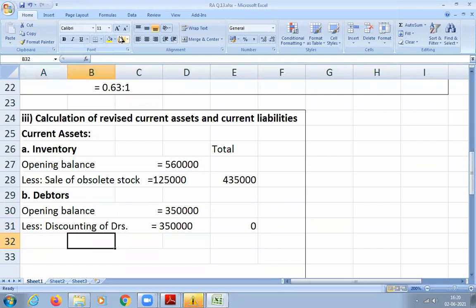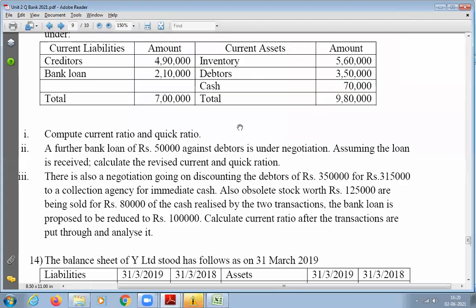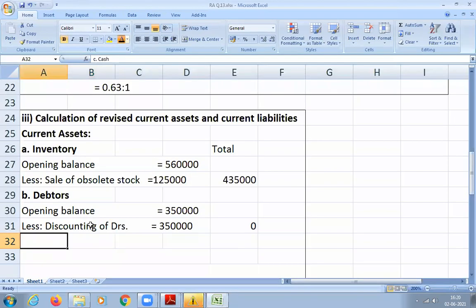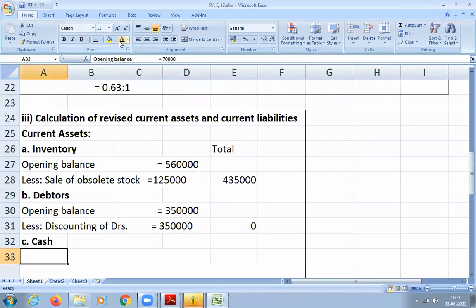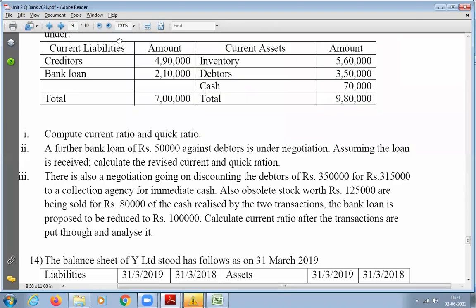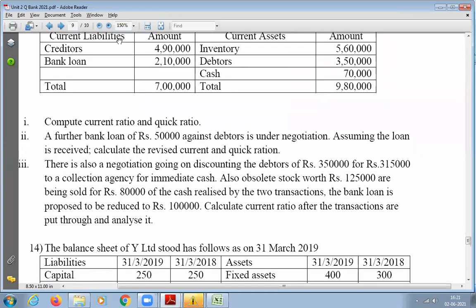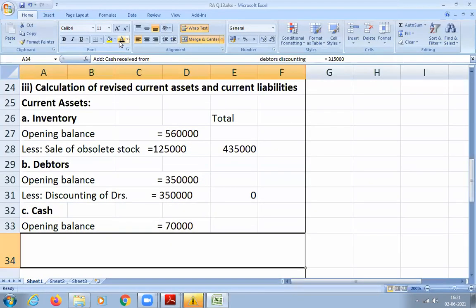Next, cash. Balance of cash is 70,000, so let us write that. Anywhere else is cash coming in? Discounting debtors. How much am I getting? 3,15,000. Add or minus? Add, because cash is coming in.